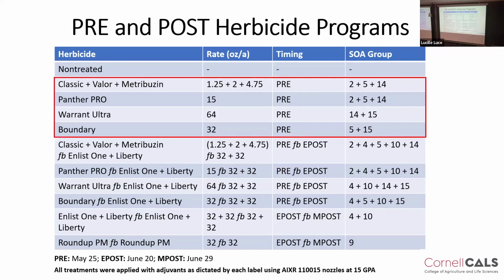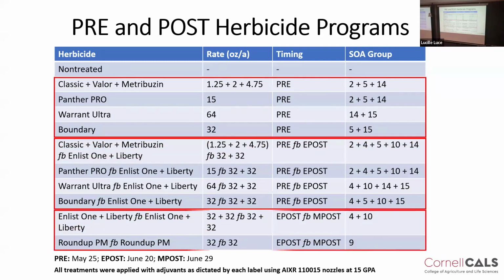These are different programs we are looking at: pre-applied programs, pre followed by post-applied programs, and just post-applied programs, with different herbicide modes of action, different chemistries, different premixes, different rates. The idea is to look at what approaches or strategies we can recommend to our folks who are dealing with glyphosate-resistant waterhemp, Palmer amaranth, or horseweed.